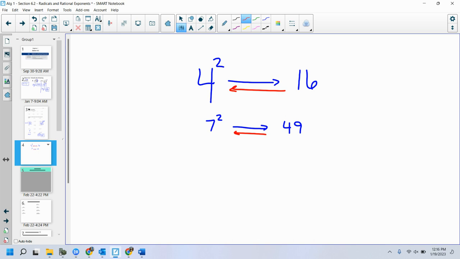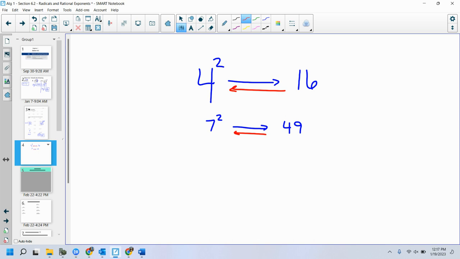That is the operation of taking the square root. Like the square root of 16, you ask what number multiplies by itself to get 16? Well, it's 4. What about 25? What's the square root of 25? 5, because 5 times 5.